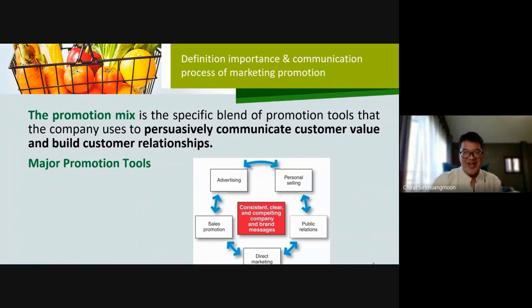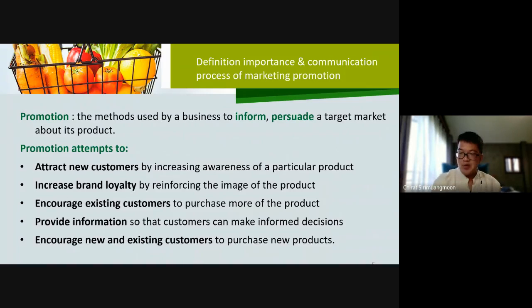So sorry. The promotion mix is the mix of the tools of promotion, but the marketing mix is the four P's, and promotion is the last P. Promotion is the methods used by a firm or business to inform and persuade a target market.